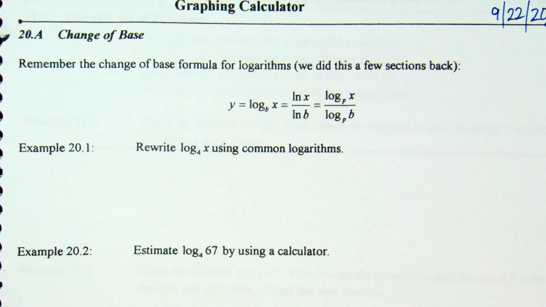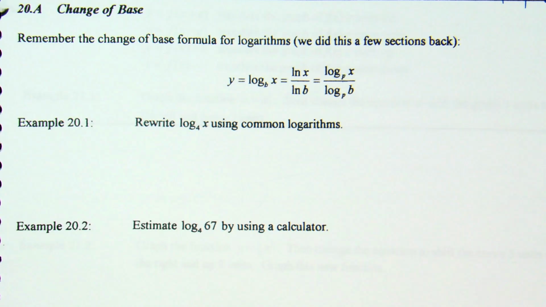Okay, so rewrite log base 4 of x using common logarithms. First of all, when they say common logarithms, they're wanting you to rewrite it using base 10. So natural log is base e, common log is base 10. So if we're going to rewrite this using base 10, how do I rewrite this?